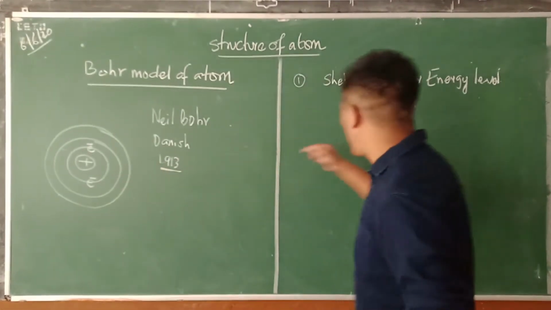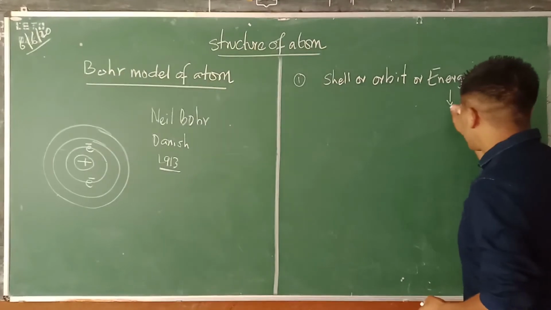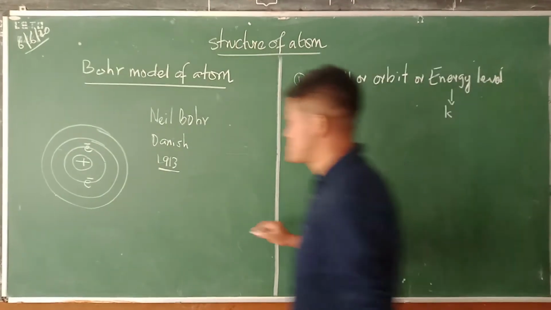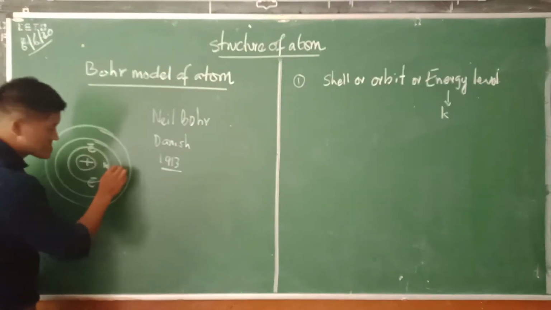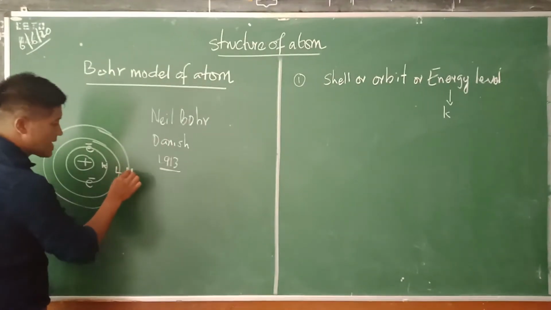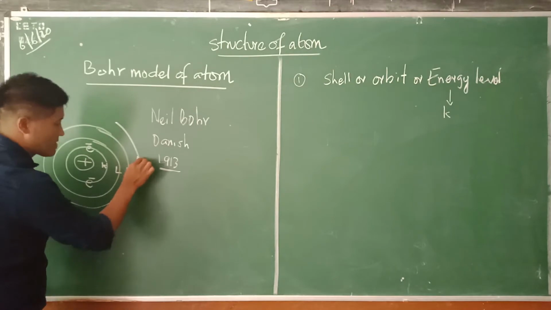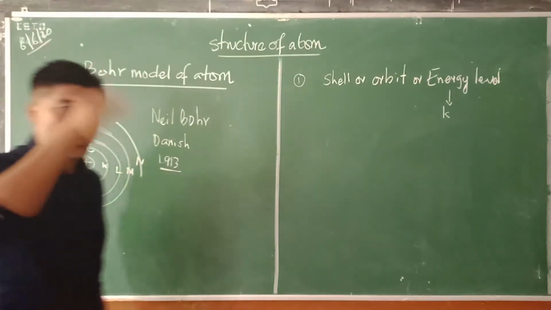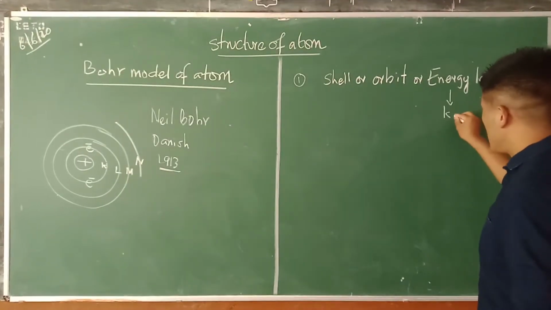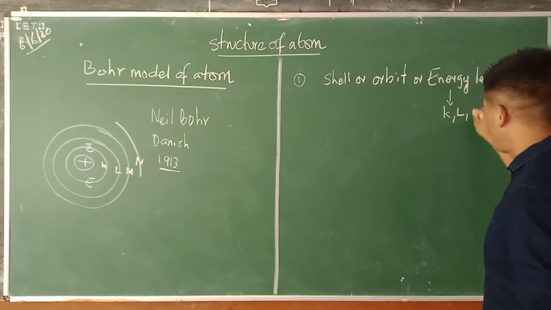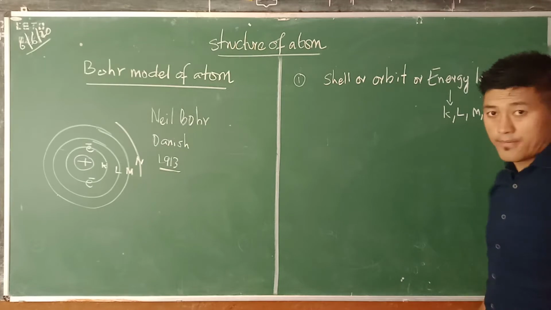And these energy levels he named K, L, M, and the next one N, and so on. It goes on. So these are the energy levels, which he named K, L, M, and N.